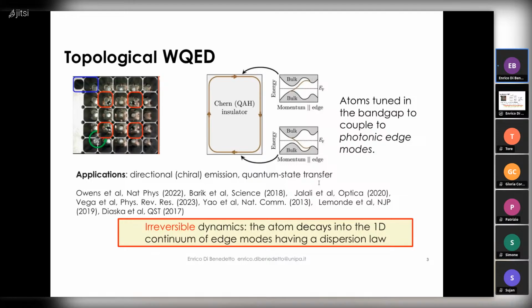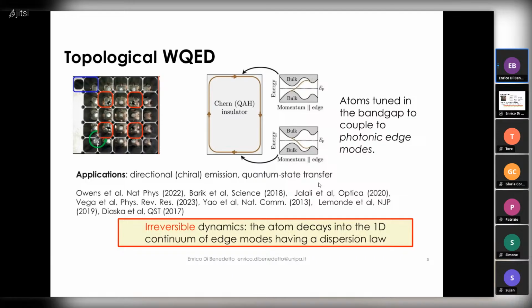Which means that now, if I couple a qubit to the edge of such a system, the qubit will couple prominently to those chirally propagating edge modes, so that the effective dynamics can be described as if the qubit was coupling to a continuum of chiral 1D photons. So effectively coupling to a one-dimensional chiral waveguide, which is, I would say, one of the first original motivations on why people got interested in this system, because actually creating a true one-dimensional chiral waveguide is experimentally demanding.